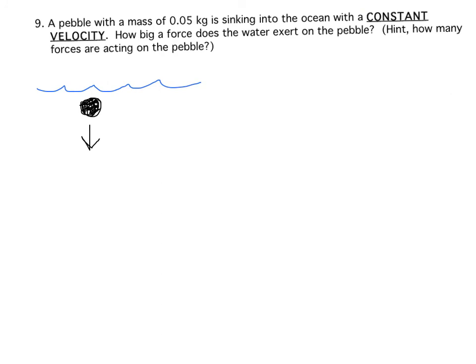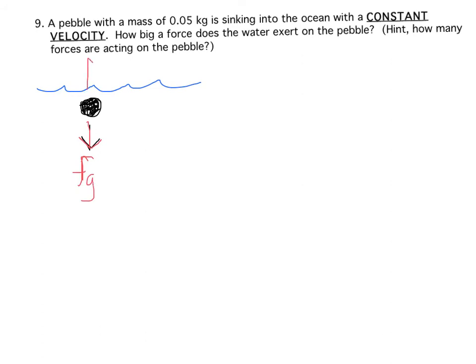A pebble with a mass of 0.05 kilograms is sinking into the ocean with a constant velocity. How big a force does the water exert on the pebble? Hint, how many forces are acting on the pebble? So let's talk about that. There's definitely a downward force, and that is the weight of this pebble.